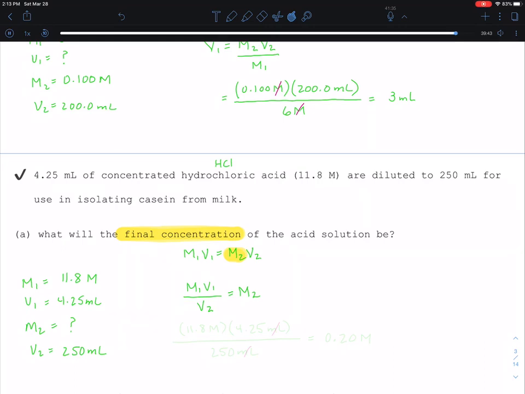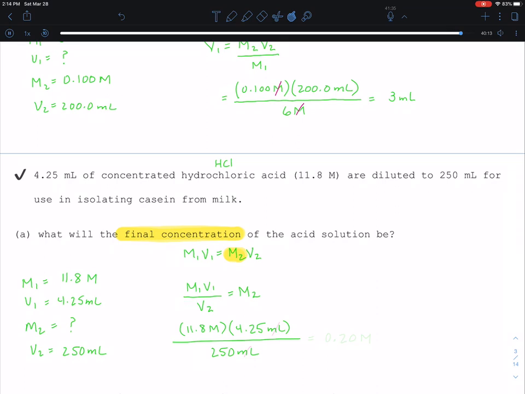Okay, so what I'm going to do is plug in my numbers here. I've got M1 is 11.8 molar. And my original volume, and I know they're mixed units, but again, it's not going to matter, when the volume units cancel out or divide to 1, 4.25 mils. Then I'm going to divide this whole thing by the final volume, 250 milliliters.